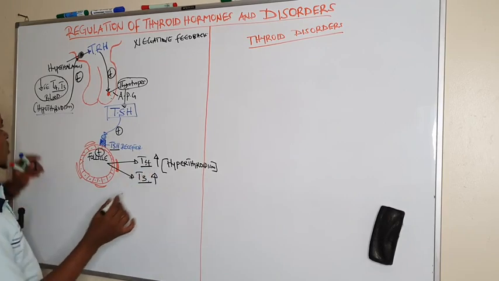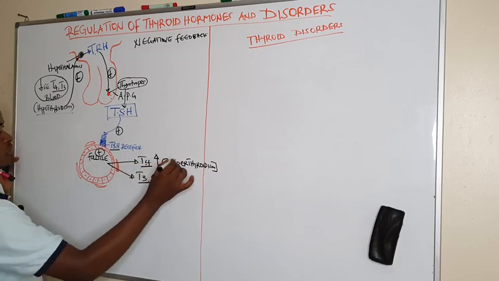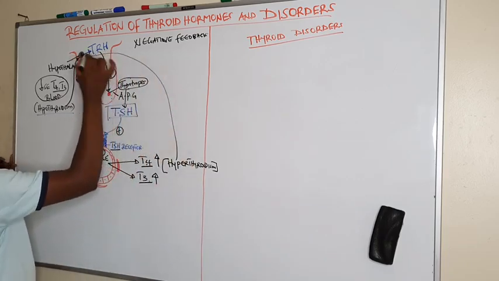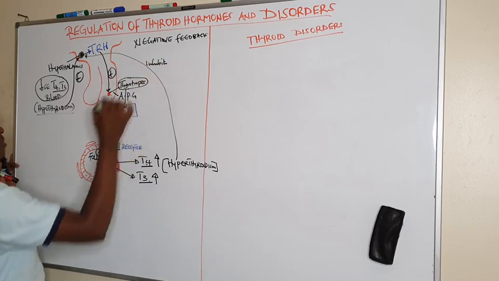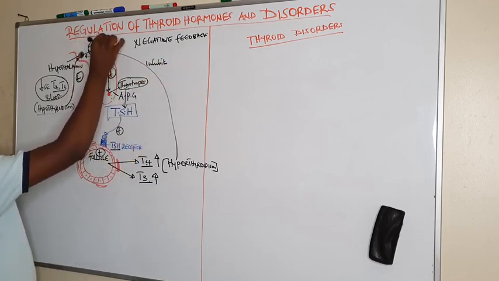this increase is still going to be detected by hypothalamus and is going to inhibit the hypothalamus from further release of TRH.